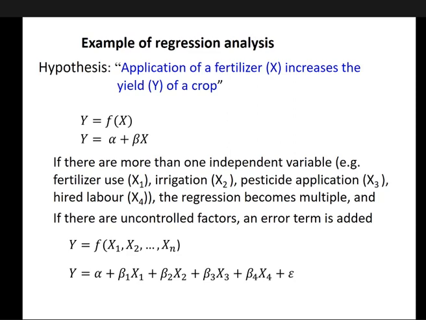You want to test the relationship between the yield and the amount of fertilizer applied. And you are hypothesizing that Y, which is yield, is a function of X. Literally meaning that the levels of the yield will depend on the amount of fertilizer applied.